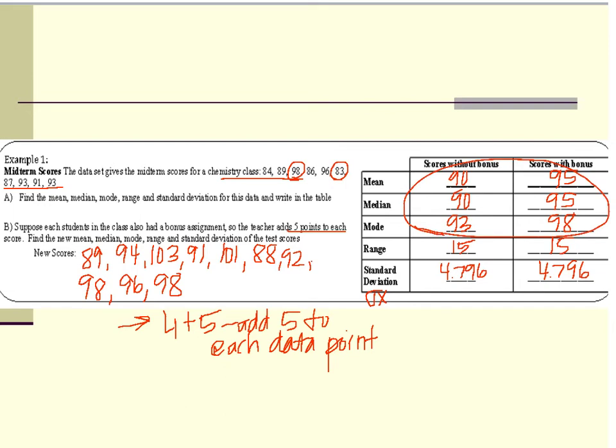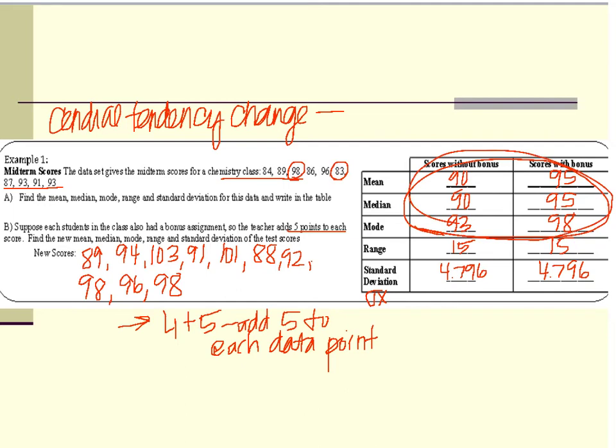If you look at this, the central tendency changes. So the mean, median, and mode are the ones that are going to change. And how do they change? We added 5 to every score, so these went up by 5. The range and standard deviation, so the dispersion, stays the same.